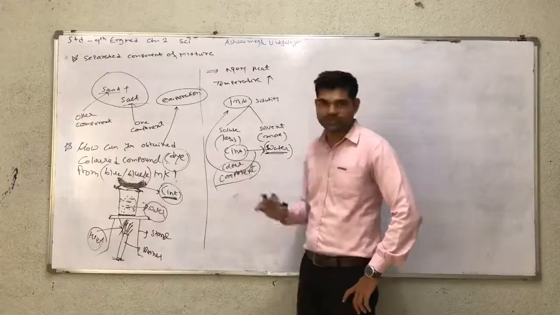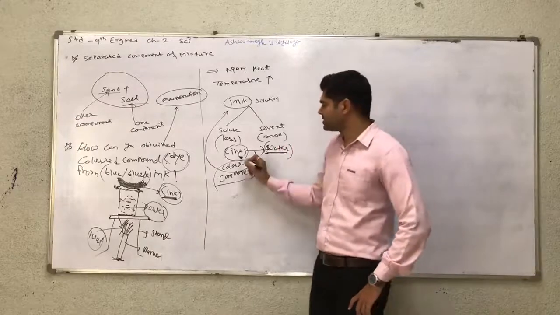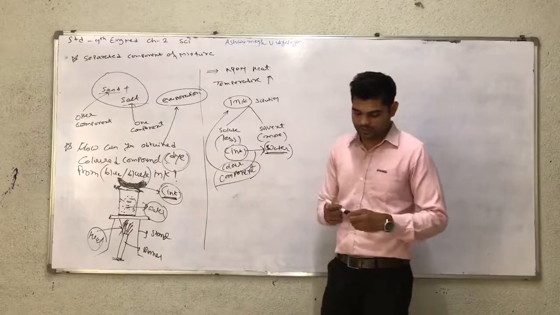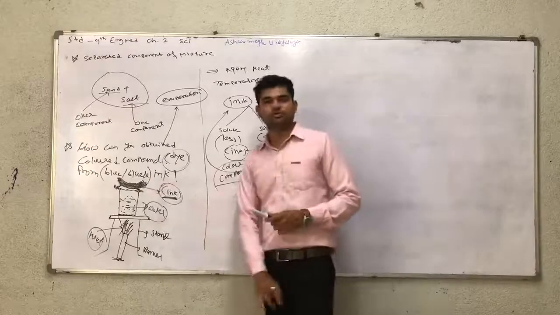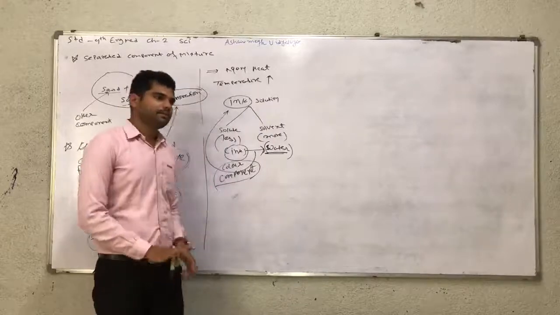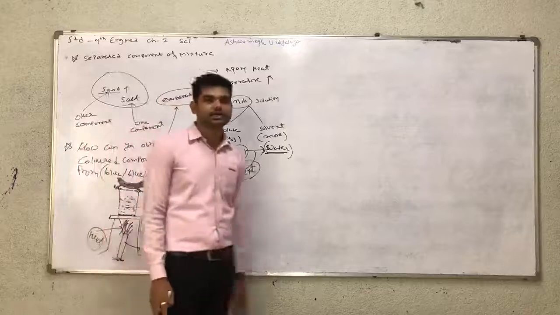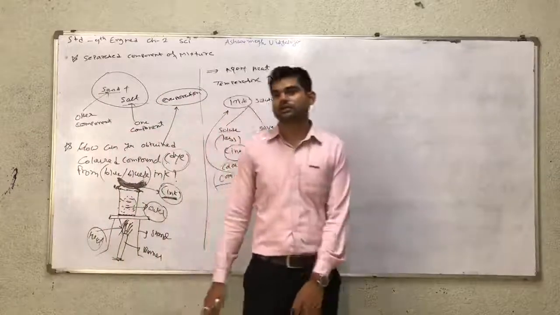Therefore, solid particles of this color can be obtained on this watch glass. So in this method we separate the color ink compound or dye.